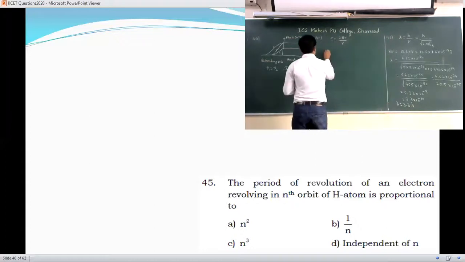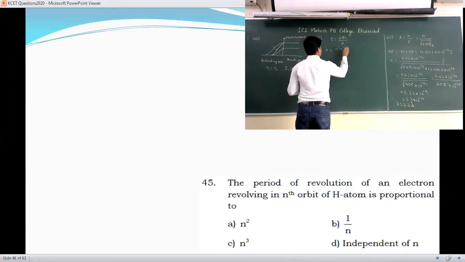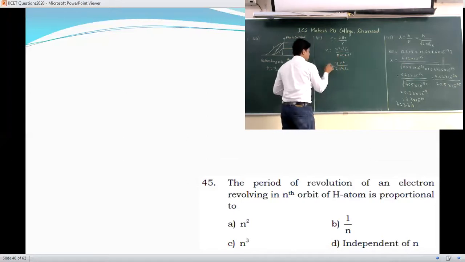So here r is equal to n square h square epsilon naught divided by pi m z e square. Okay, and v is equal to z e square divided by 2 n h epsilon naught. Both the values we have got.